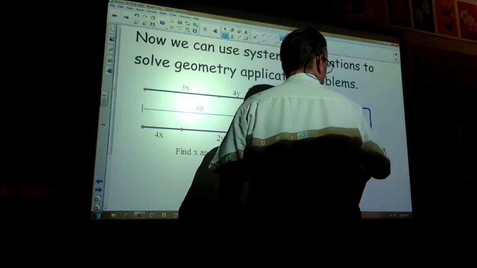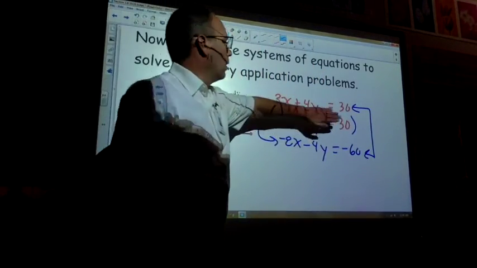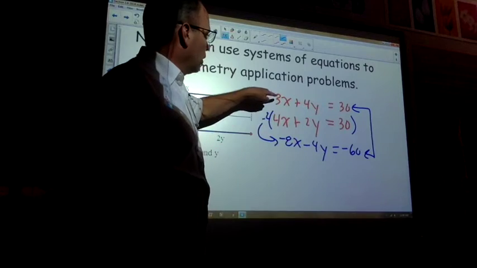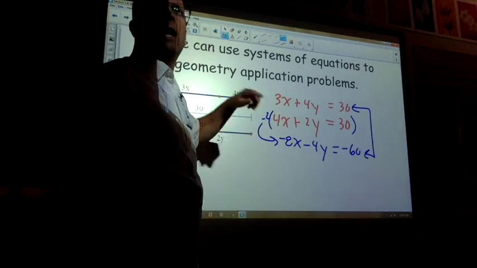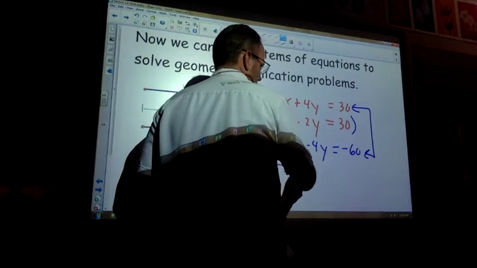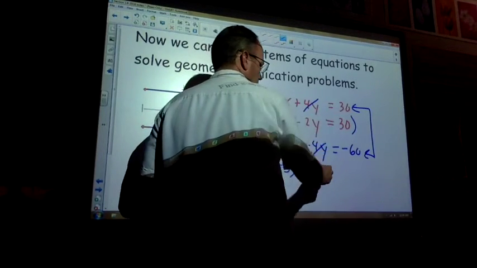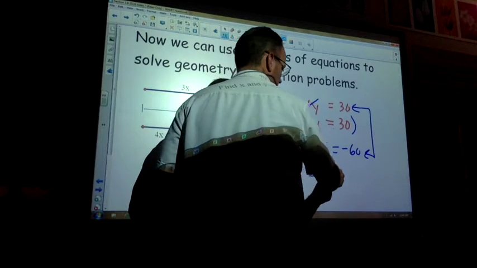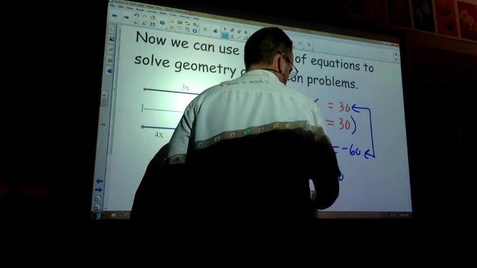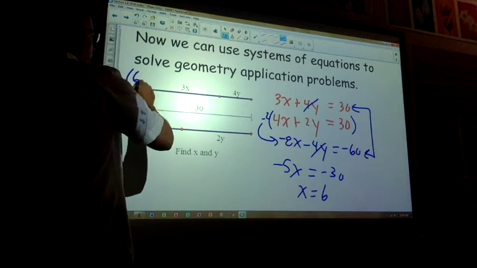And I'm going to combine these two together, right? So I'm ignoring this. I had to modify it. So 3x minus 8x, negative 5x. And then this would cancel this. And I'd get equals negative 30. So x is equal to 6. So my first answer is 6 comma.